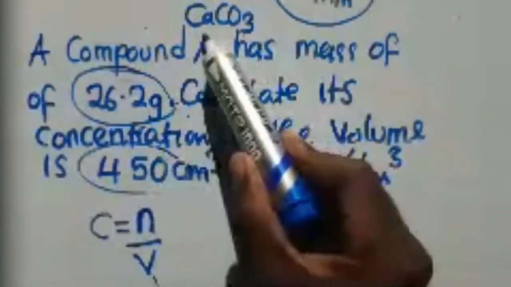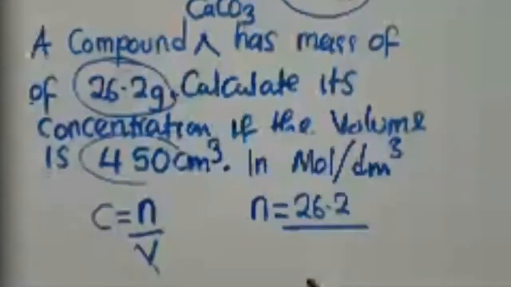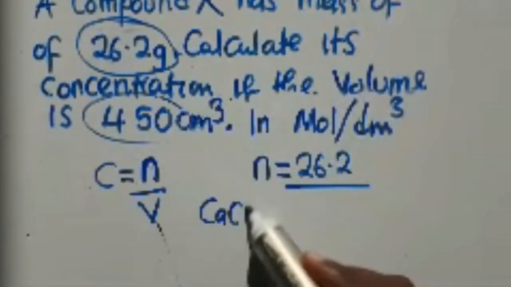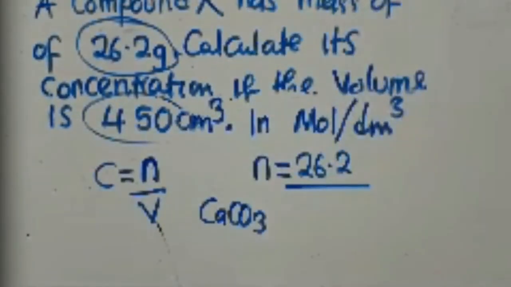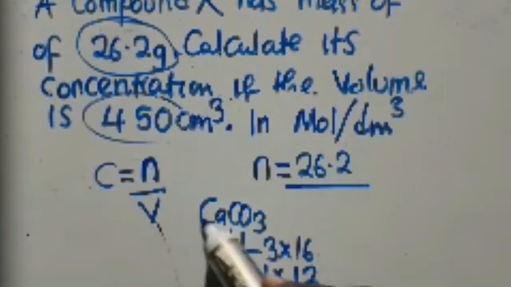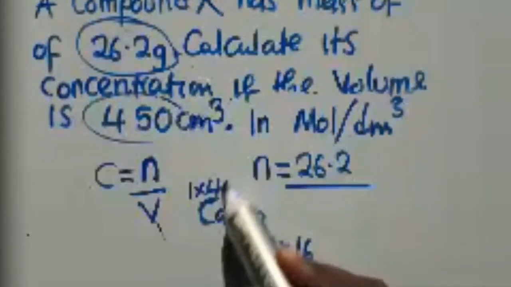We've got calcium carbonate. So I'm going to calculate the molar mass first, like this. I say 3 times, what is the mass number for oxygen? 16. I move to carbon. How many atoms? 1, so 1 times 12. Then calcium, 1 atom, so 1 times 40.